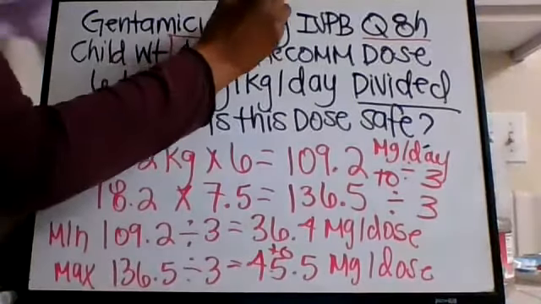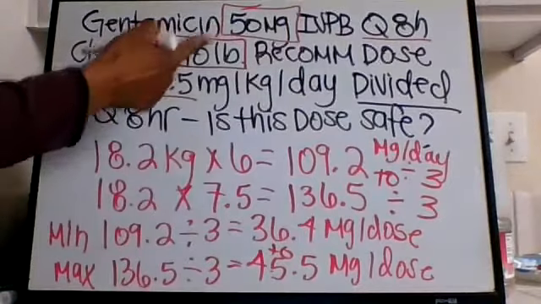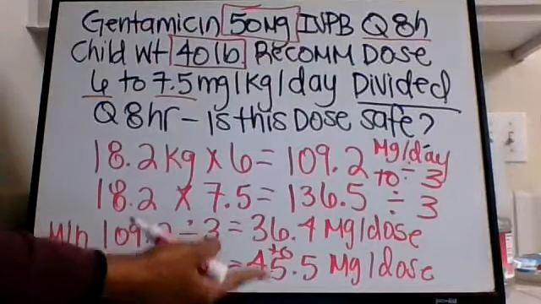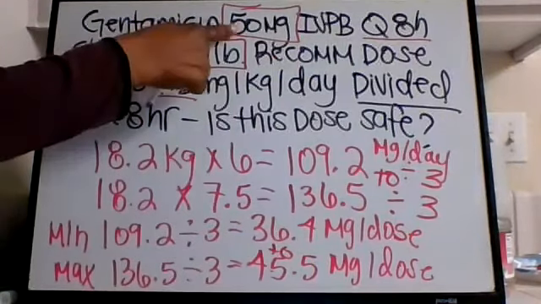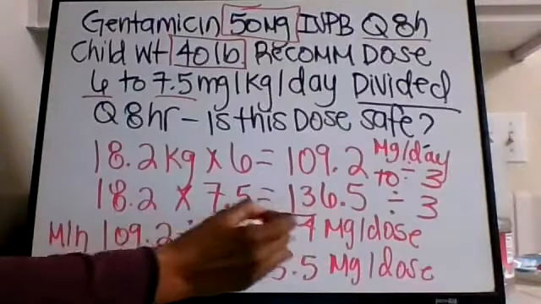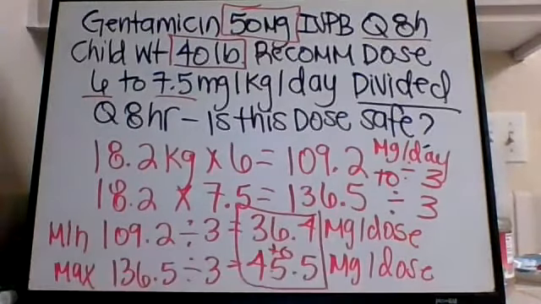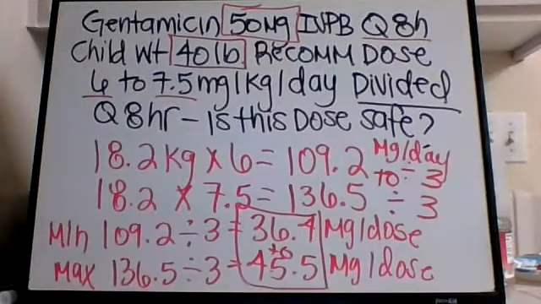The doctor ordered 50, and this dosage goes beyond the therapeutic order. So this dosage is not safe because it's too high. This is our safe dose range, and it's greater than 45.5. So this is not a safe dose.